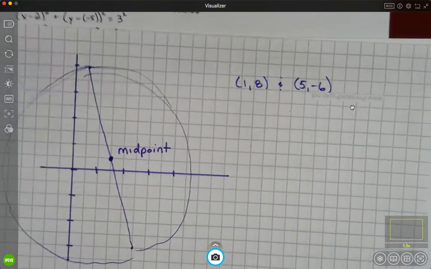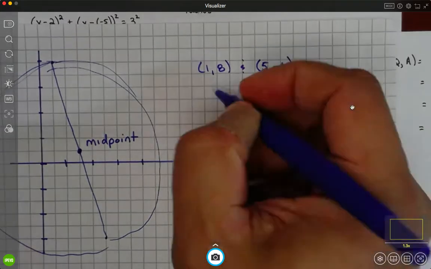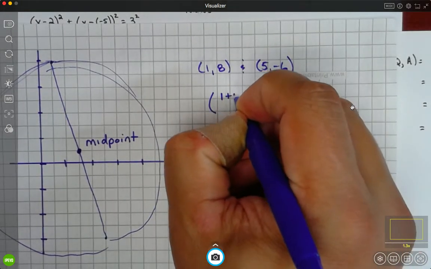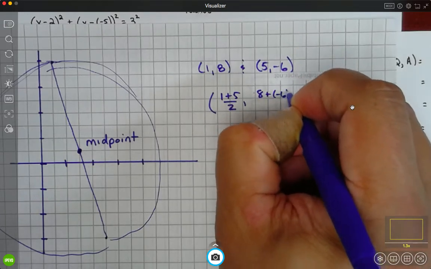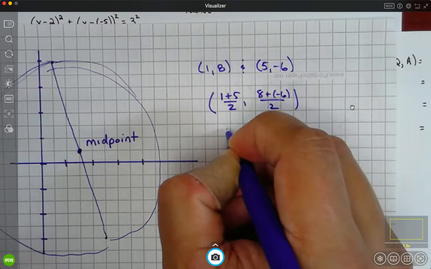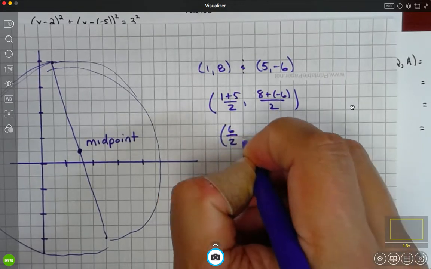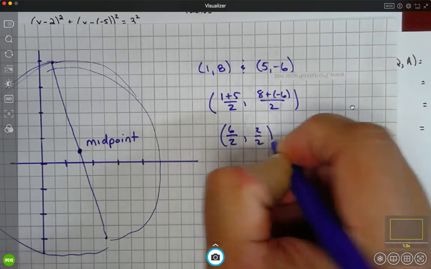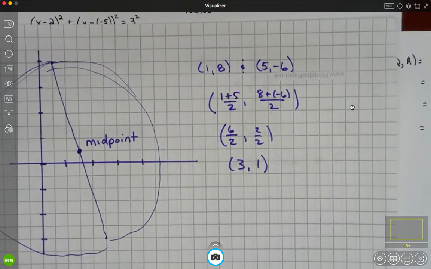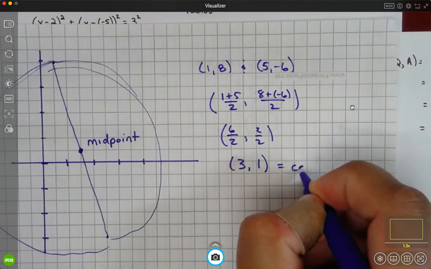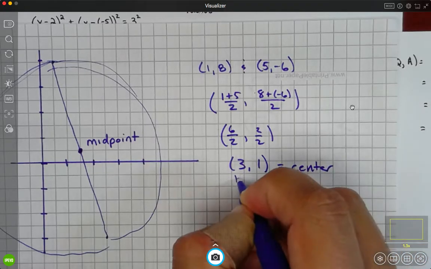So the midpoint is going to be (1 plus 5) divided by 2, (8 plus negative 6) divided by 2. It's going to give me 6 over 2 and 2 over 2, which is 3 and 1. So this is the center of our circle. That's h and that's k.